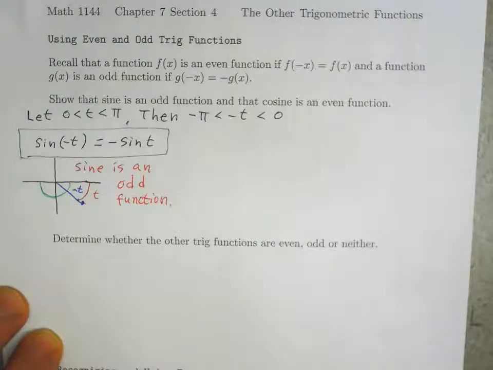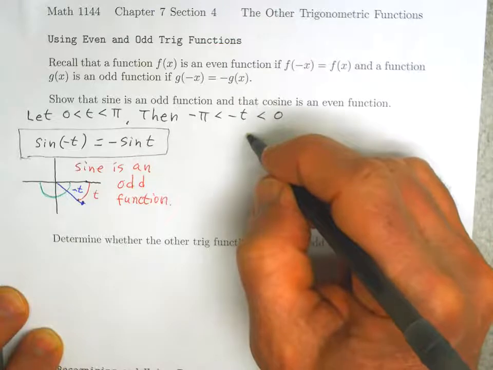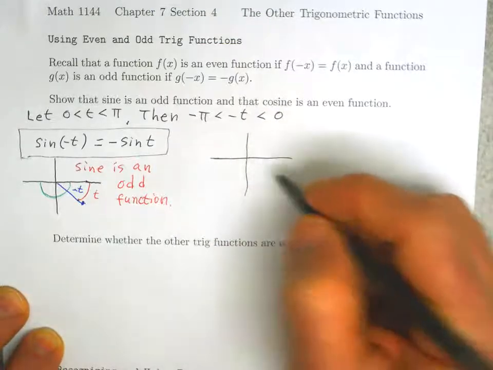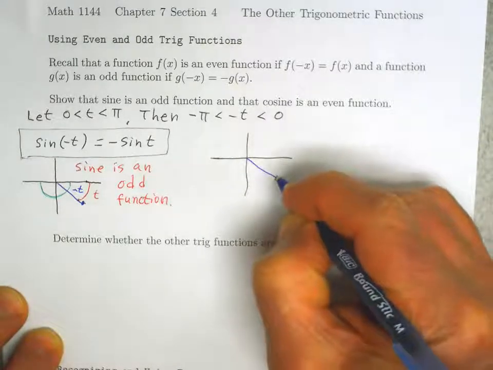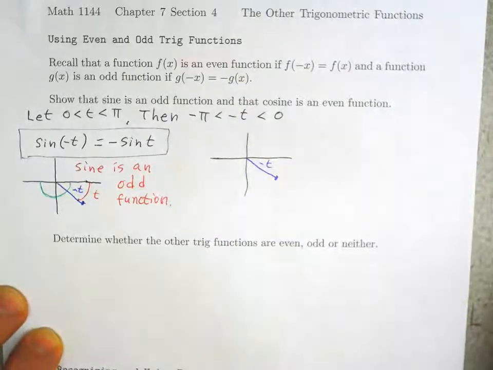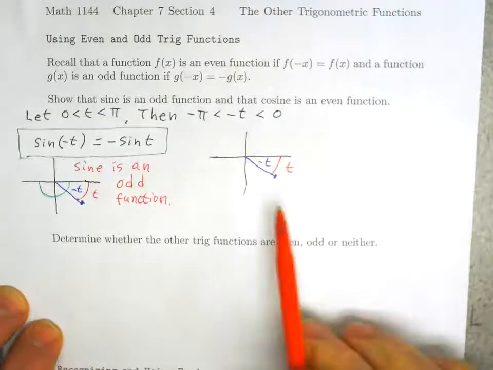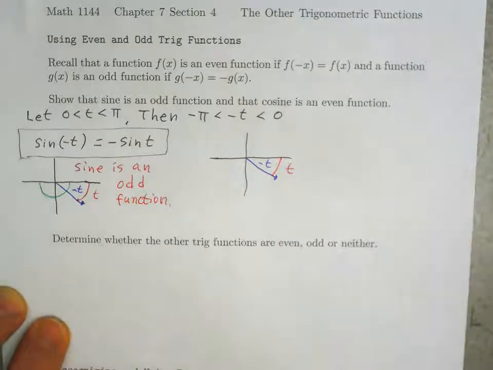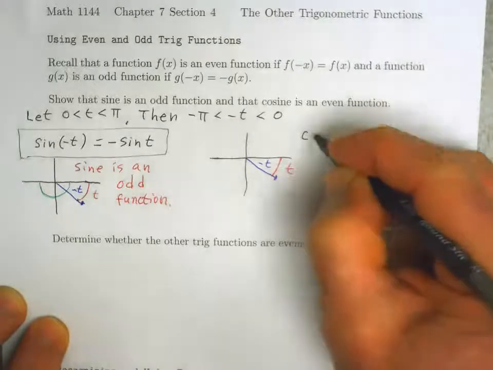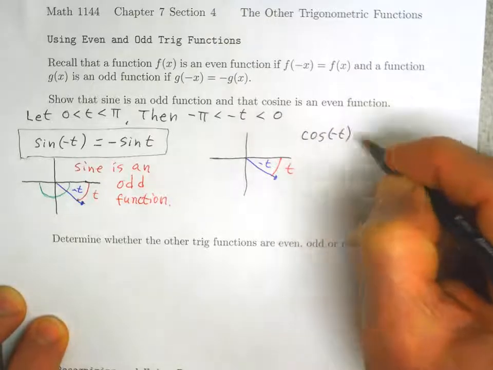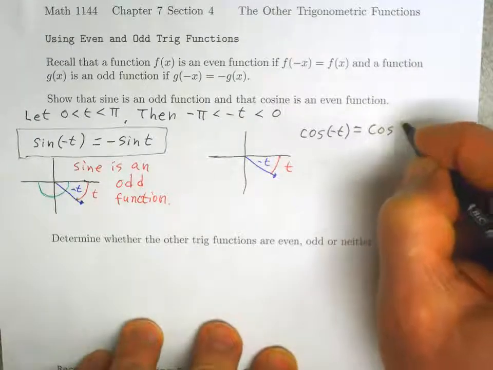Okay, well, similarly, if we construct negative t again, so negative t is this angle, and so the reference angle is t, and in the fourth quadrant, cosine is positive, so the cosine of negative t is equal to the cosine of t.